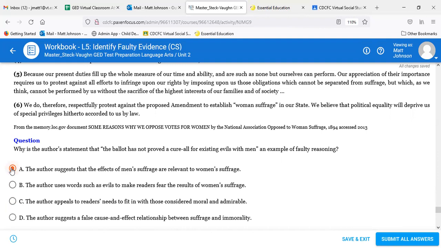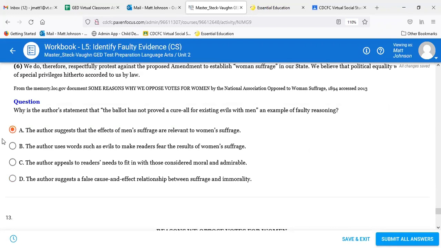But that's not really relevant to the case of the vote for women. It's a separate issue that's involved there. So yeah, the author's suggesting that men's suffrage is relevant somehow. Not necessarily, right? It's two different issues, regardless of what it has done for men or what it has not done for men. So A for number 12.